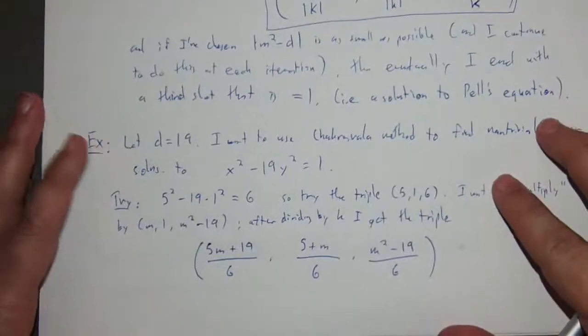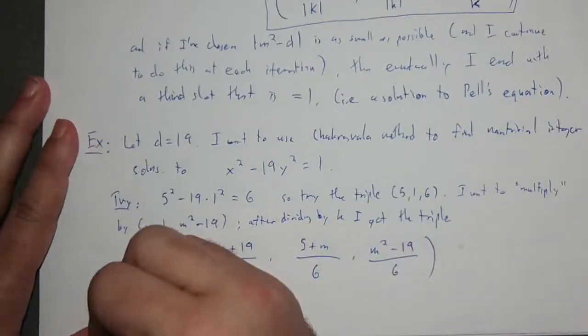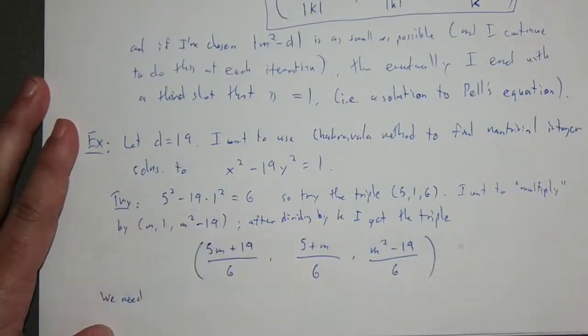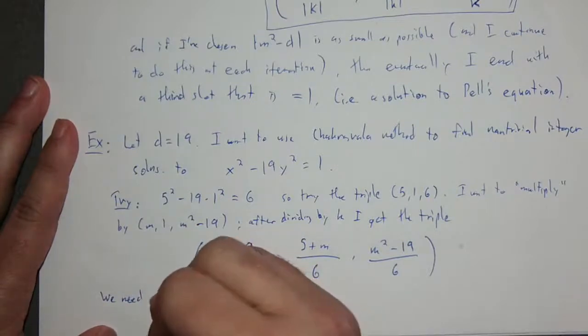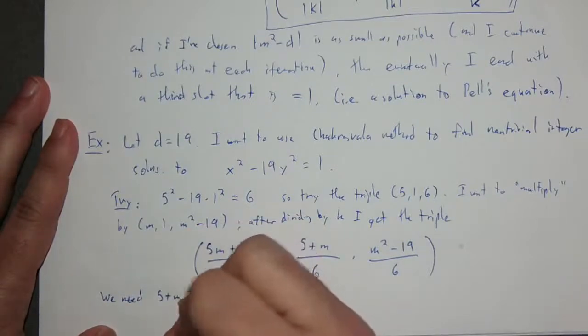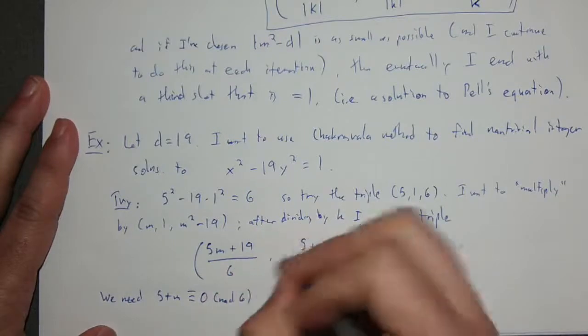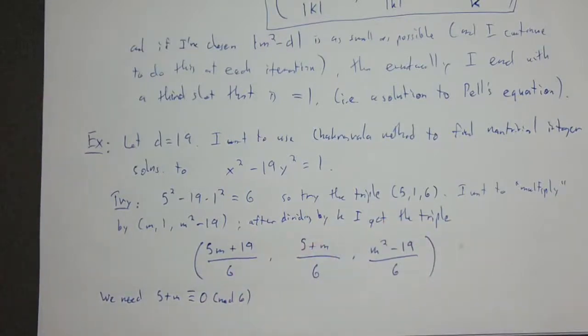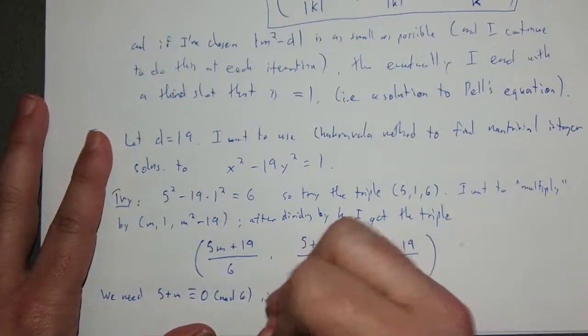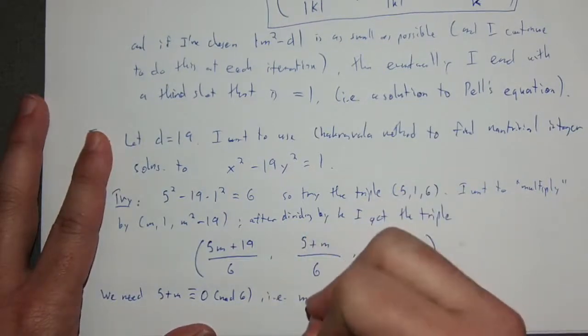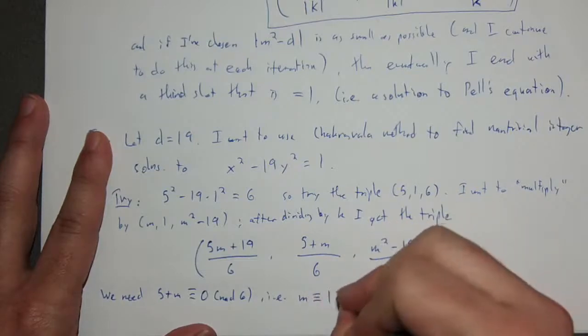So by that lemma, we need 5 + m to be congruent to 0 mod 6, i.e., m is congruent to 1 mod 6.